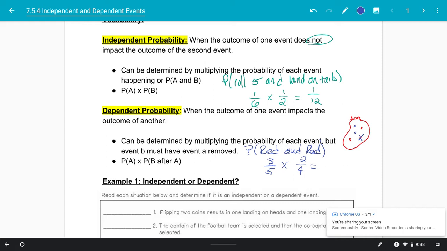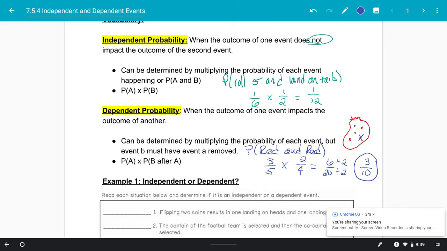Again, I can multiply across the top: 3 times 2 gives us 6, and 5 times 4 gives us 20. We could leave our probability as 6 out of 20, or we could simplify this. Both the top and the bottom are divisible by 2, so I'm going to divide top and bottom by 2. 6 divided by 2 gives us 3, and 20 divided by 2 gives us 10. So I have my probability of 3 out of 10.